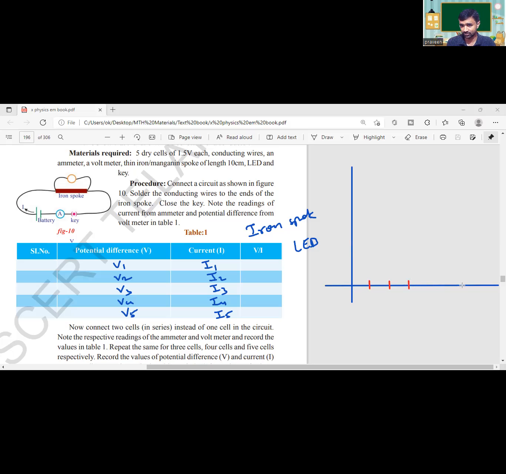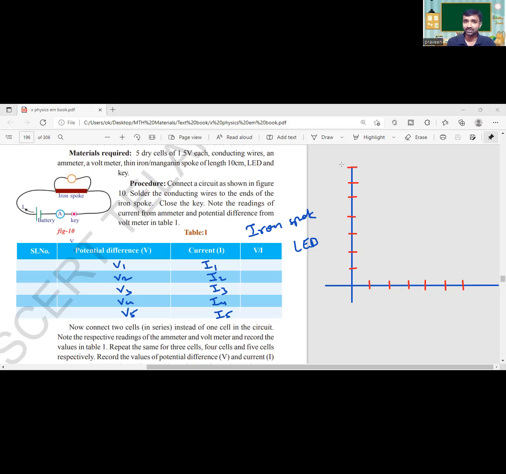So scales you need to decide. What are the quantities you need to take on the axis X and on the axis Y? Whatever it may be, you can take it. Both graphs are possible.